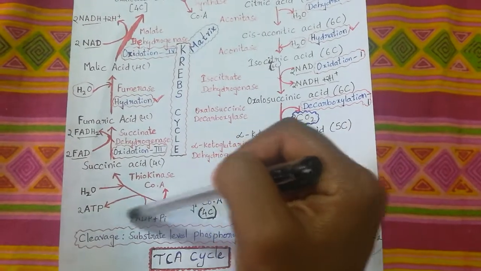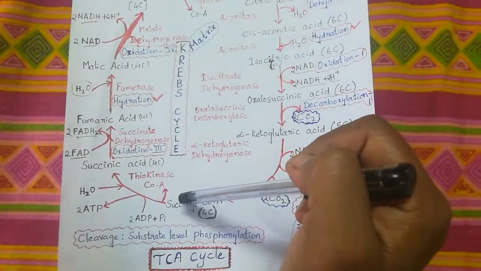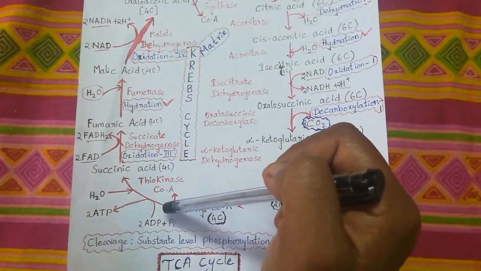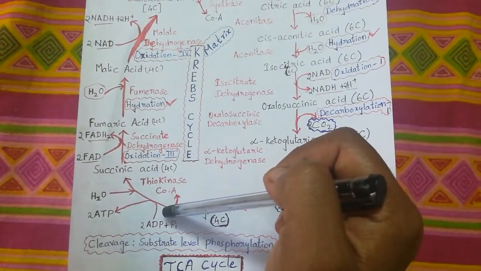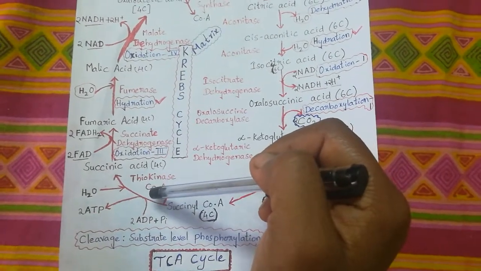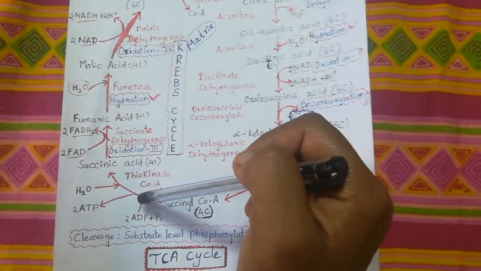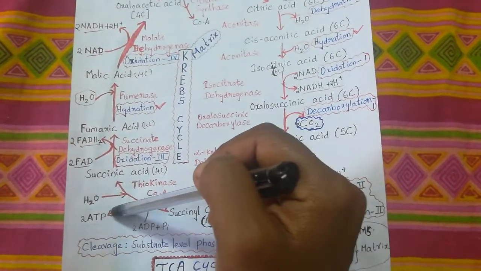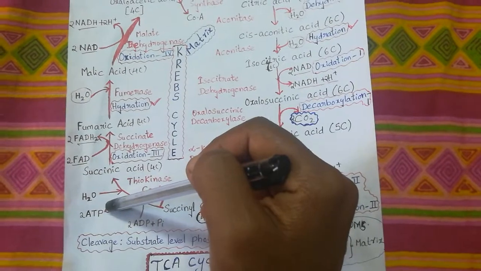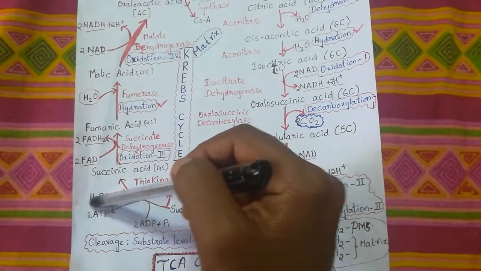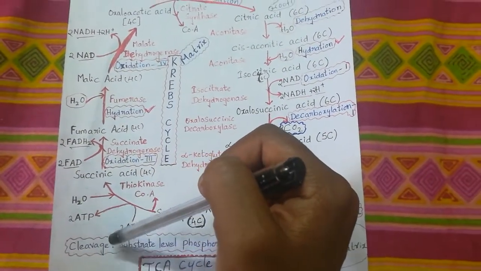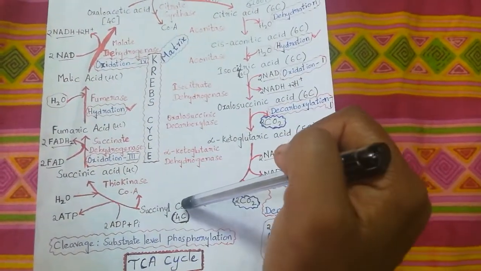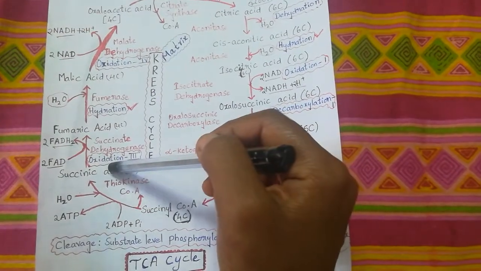During this process, initially the phosphate released by succinyl-CoA will be accepted by GDP to form GTP, and GTP further undergoes hydrolysis to form GDP and releases one phosphate that will be accepted by ADP to form ATP. So 2 turns of Krebs cycle will synthesize 2 ATP, and the one and only substrate level phosphorylation in Krebs cycle is this one, during conversion of succinyl-CoA to succinic acid.